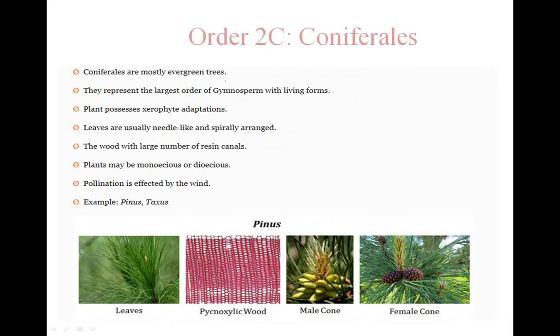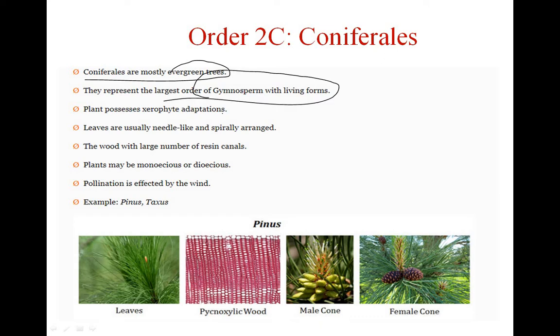And the next order is Coniferales. Coniferales are mostly evergreen trees, and they represent the largest order of gymnosperms with living forms. A well-known example is Pinus, or pine forests in North India. There are a number of pine forests that encompass a number of Pinus plants. They also show xerophytic adaptations, and leaves are needle-like and spirally arranged.